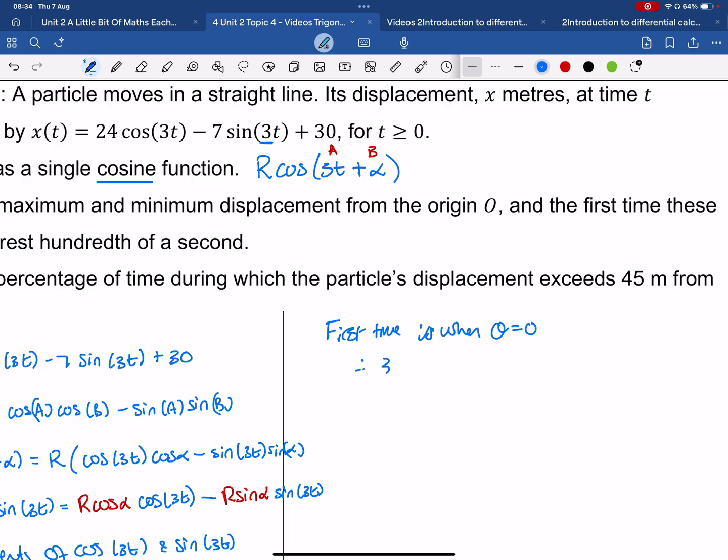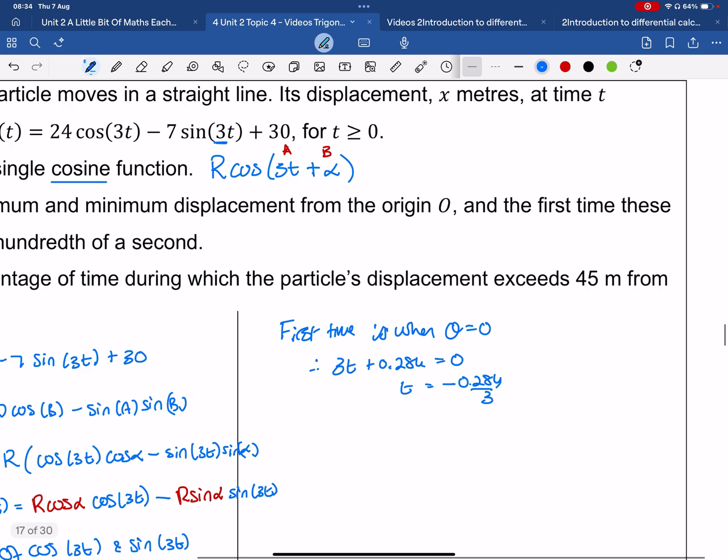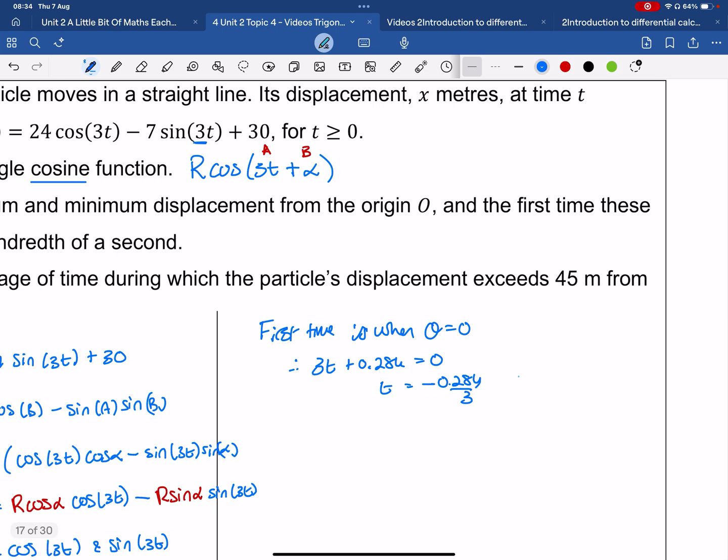So 3t plus 0.284 has to equal 0. So t is negative 0.284 over 3. Oh dear. That has to be discarded because my domain says t has to be greater than or equal to 0.